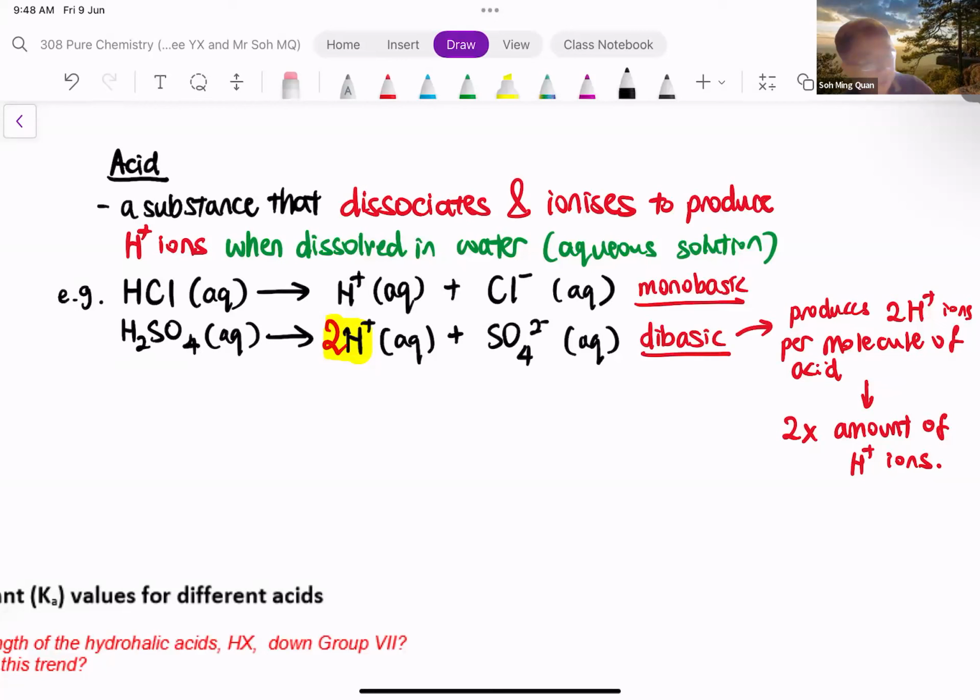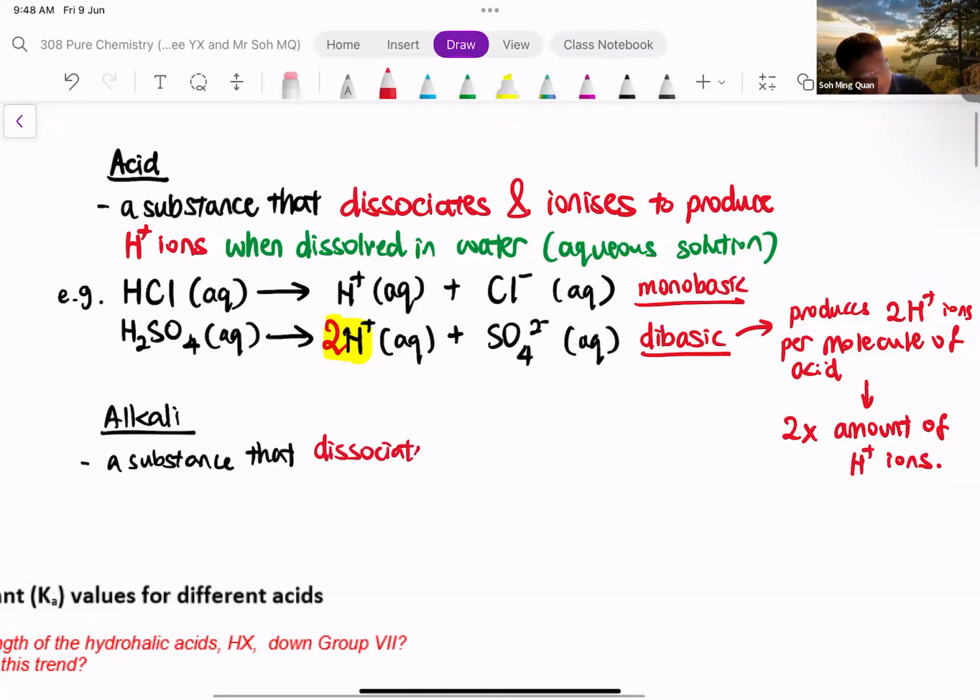So this is acid. Then we move on to alkali. An alkali is a substance that dissociates and ionizes to produce OH- ions, so hydroxide ions, when dissolved in water.